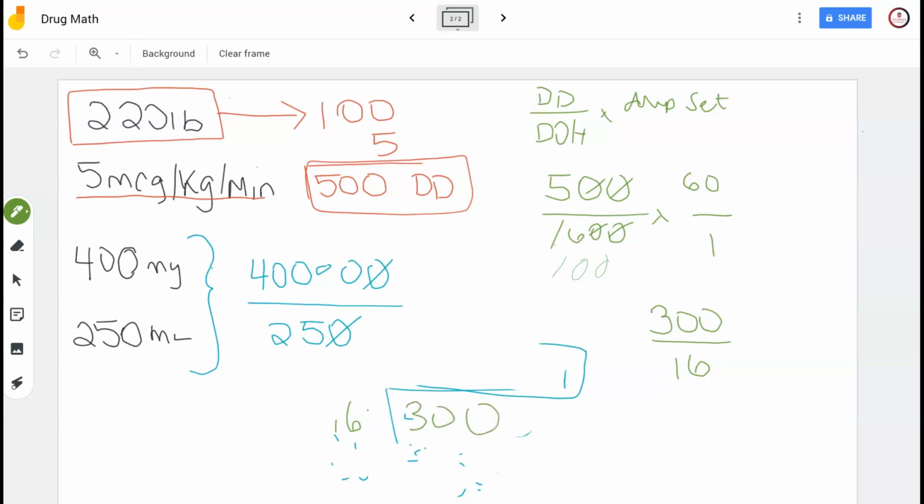How many times 16 go into 30? Once. How about into 140? Eight.